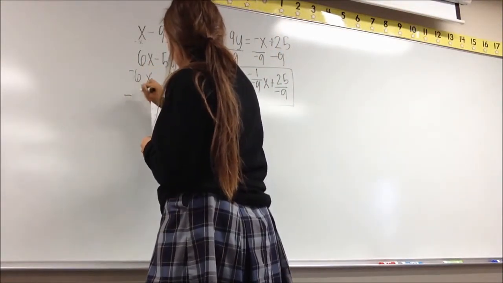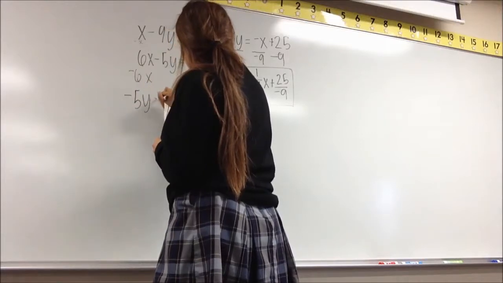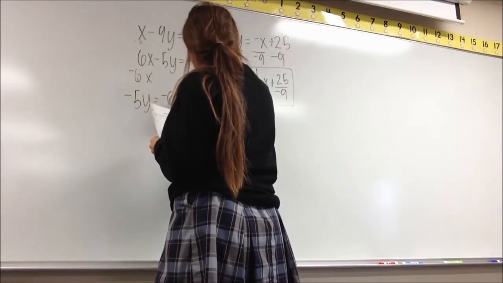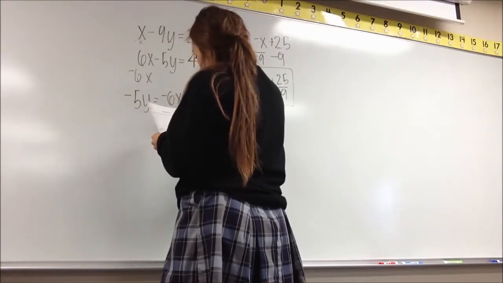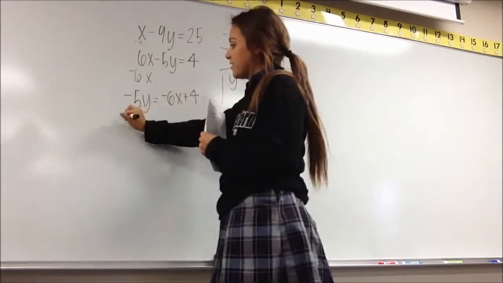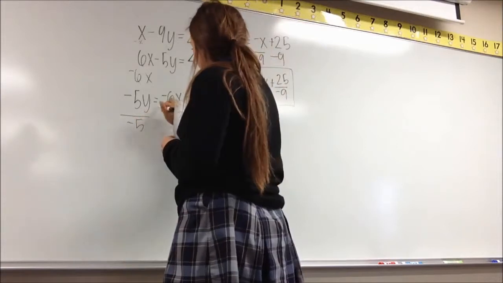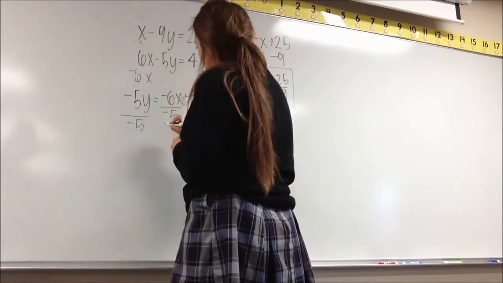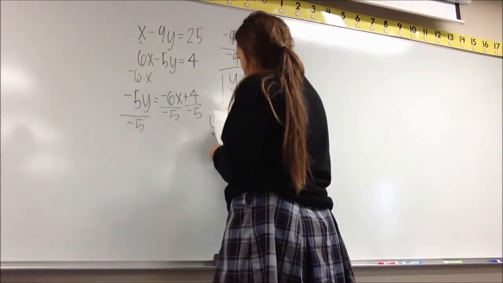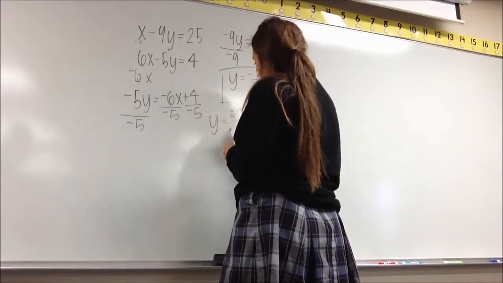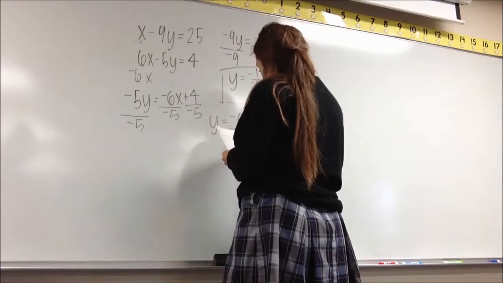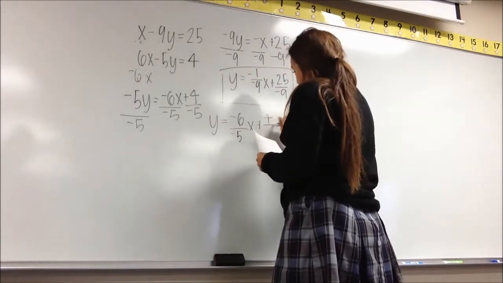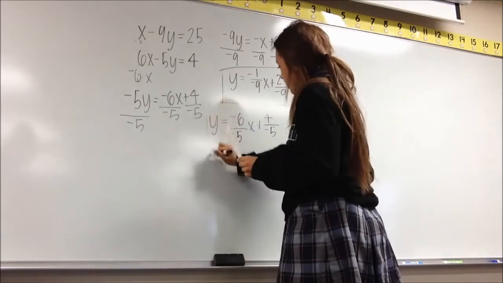So it will be negative 5y equals negative 6x plus 4. Then we are going to divide by negative 5, and then that will equal y equals negative 6 over negative 5x plus 4 over negative 5.